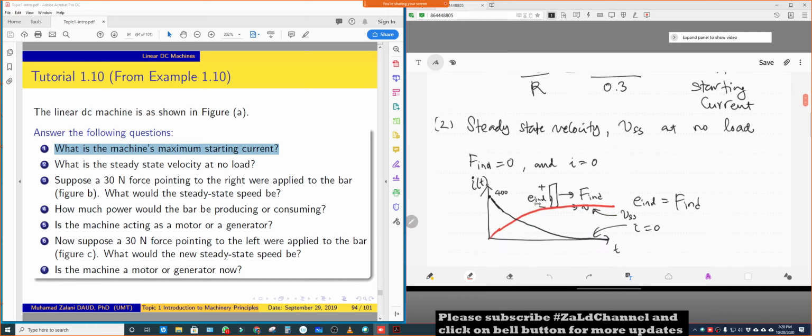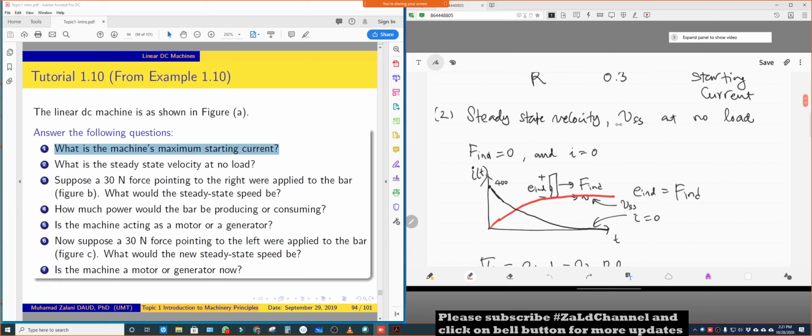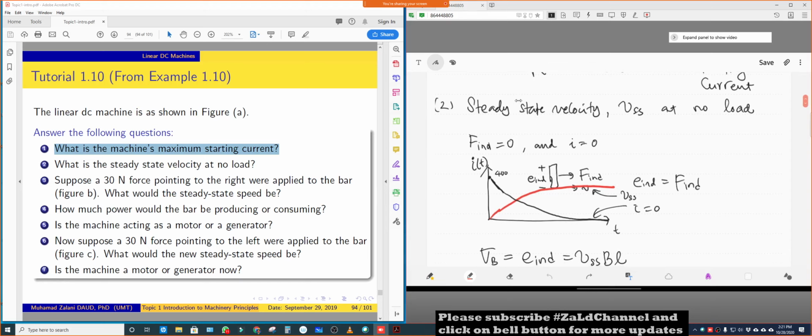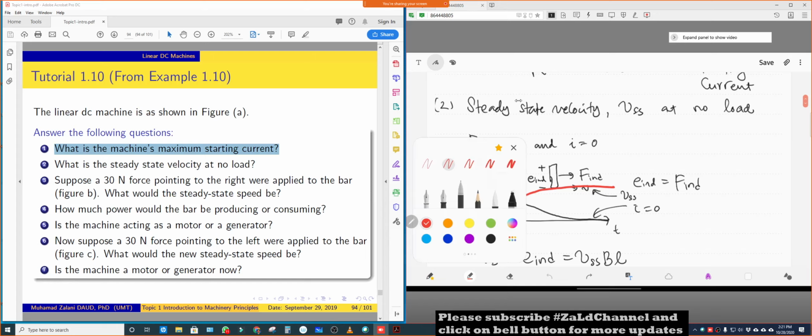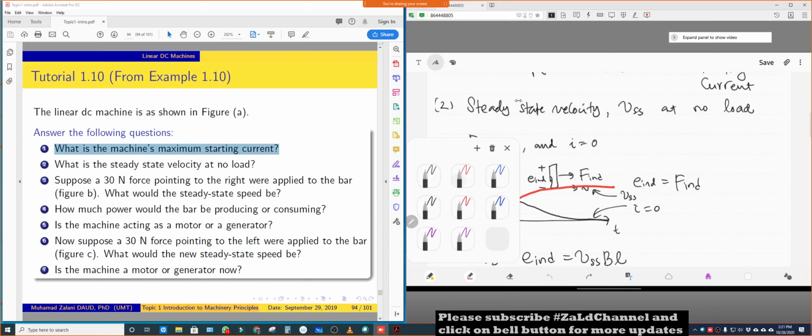That is at the instant of the switching, meaning in this graph I am talking about this area.